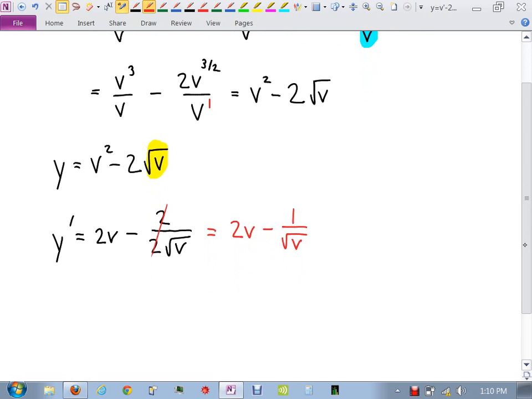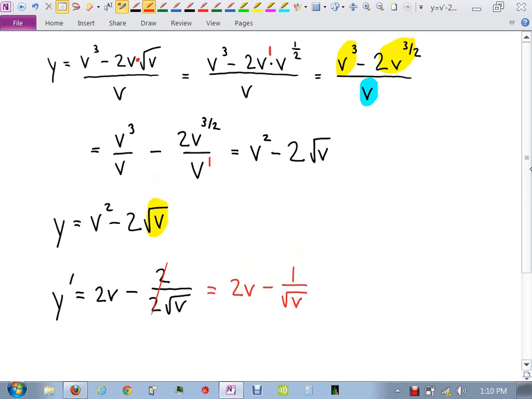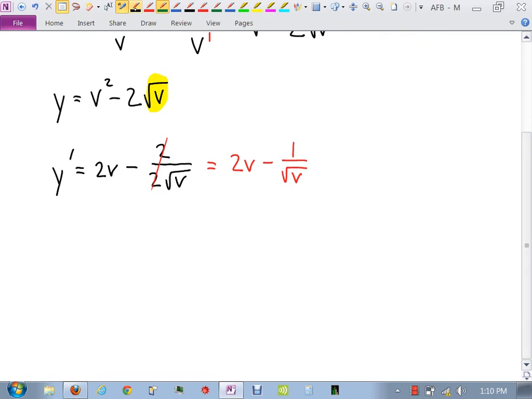Now look how clean our answer is there. It's very nice, right? Let me go back up to, let's take the top right here. Can I assume that you would have at least been able to get it to there first before you do quotient rule? Is that all right? Okay, so I'm going to start with that and redo this problem. y equals v squared minus 2v to the 3/2 over v.